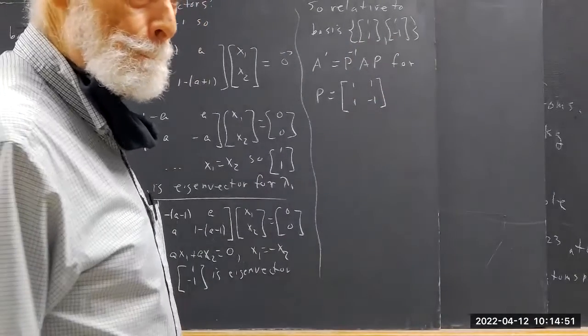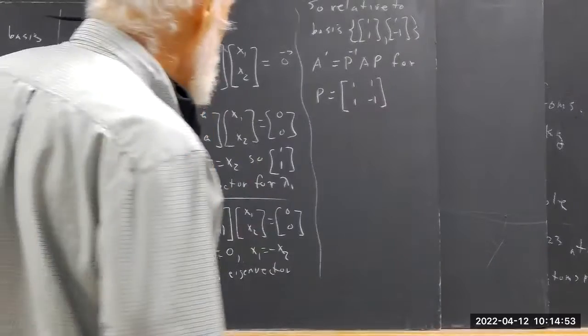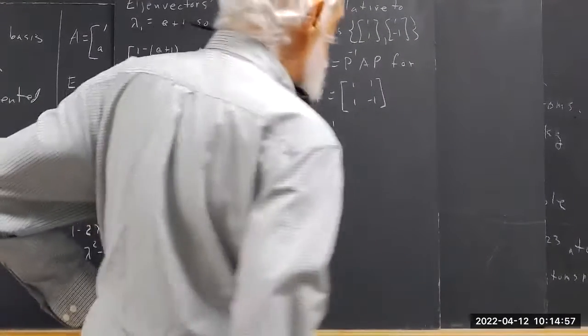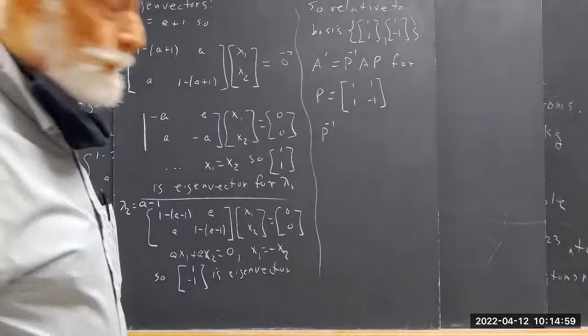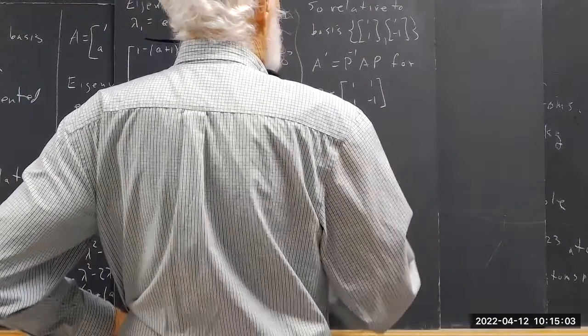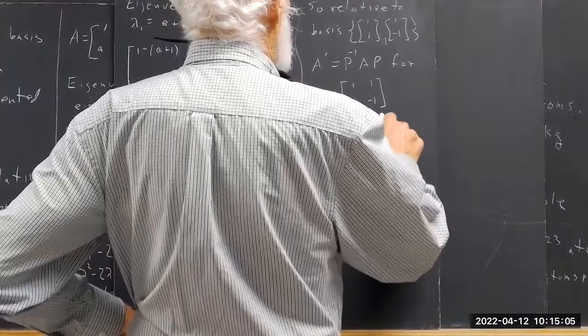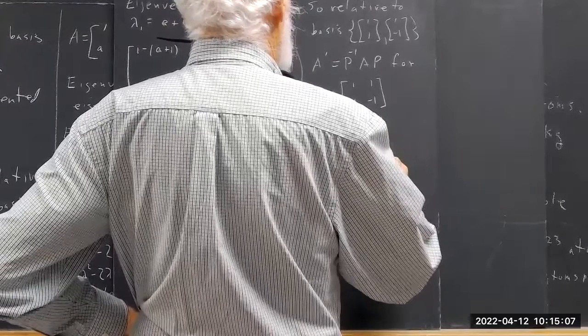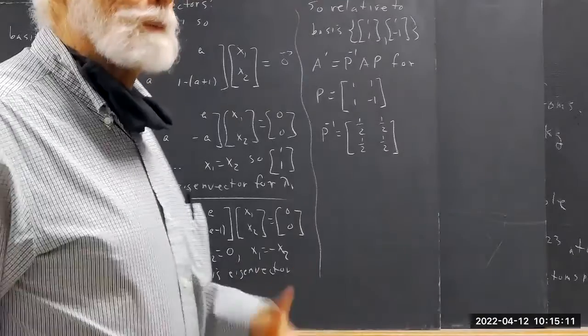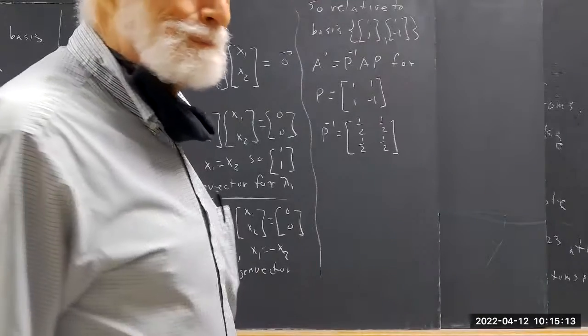Okay. Now, P inverse, which you can actually get by inspection here, turns out to be, let's see, 1/2, 1/2, 1/2, 1/2. Some of the 1/2s are positive and some are negative.